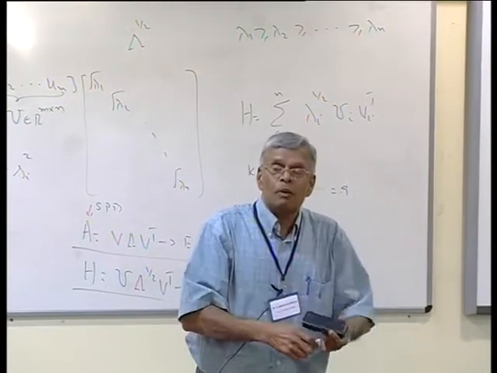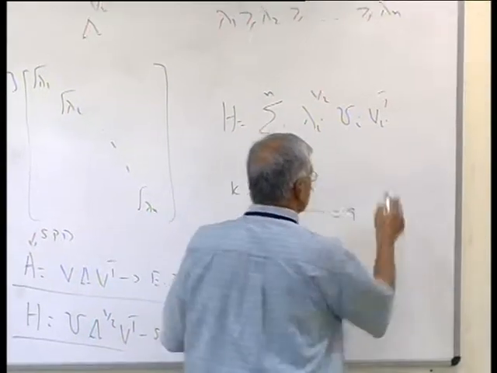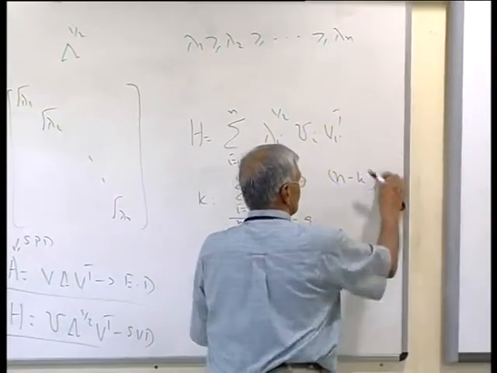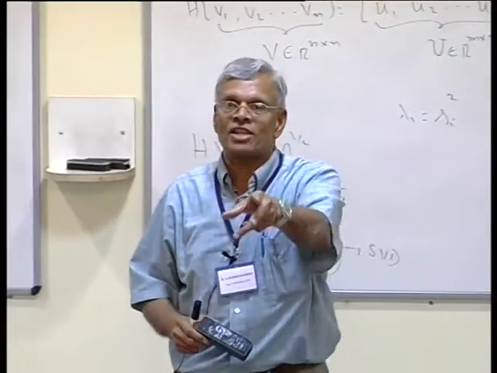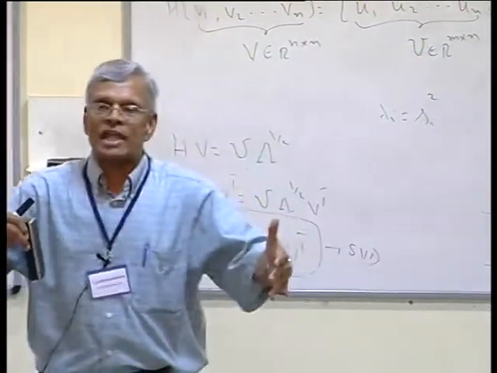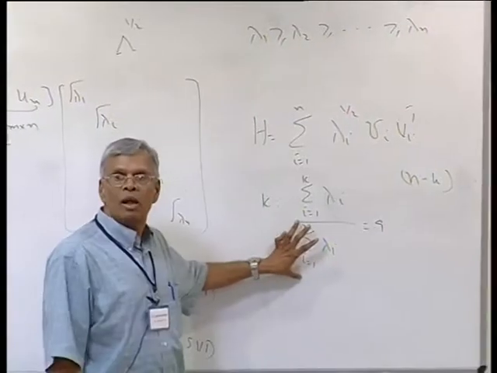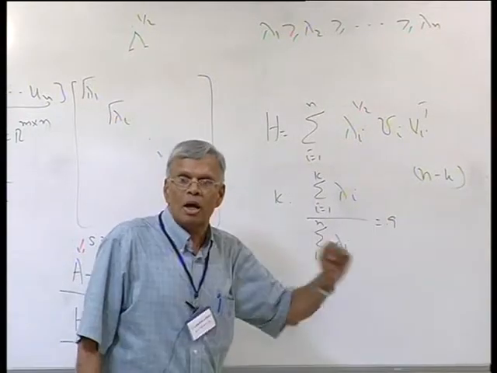So how did Amit explain that? You are going to set the n minus k eigenvalues to 0. If you set the n minus k eigenvalues to 0, n is given, what is k? I'm going to pick a case such that the k chosen eigenvalues represent 90% of the overall, 50% of the overall, 45% of the overall.